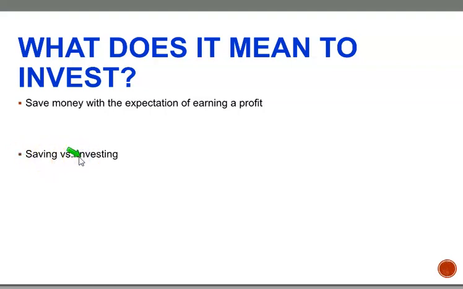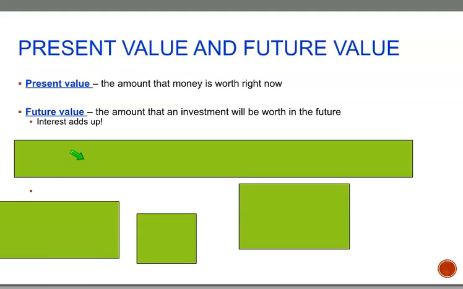When you're investing, you are putting money into a more aggressive account where your goal is to earn a profit, as opposed to saving money for the future and for emergency needs. Investing, we are looking to make a profit.